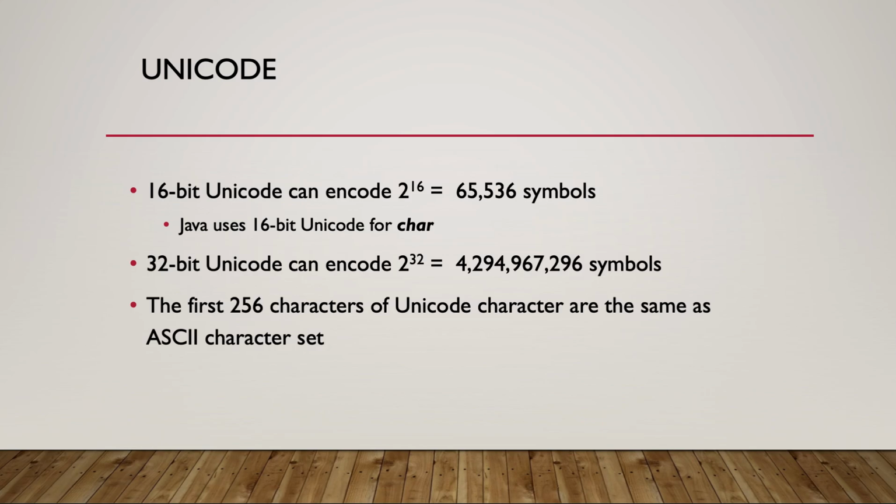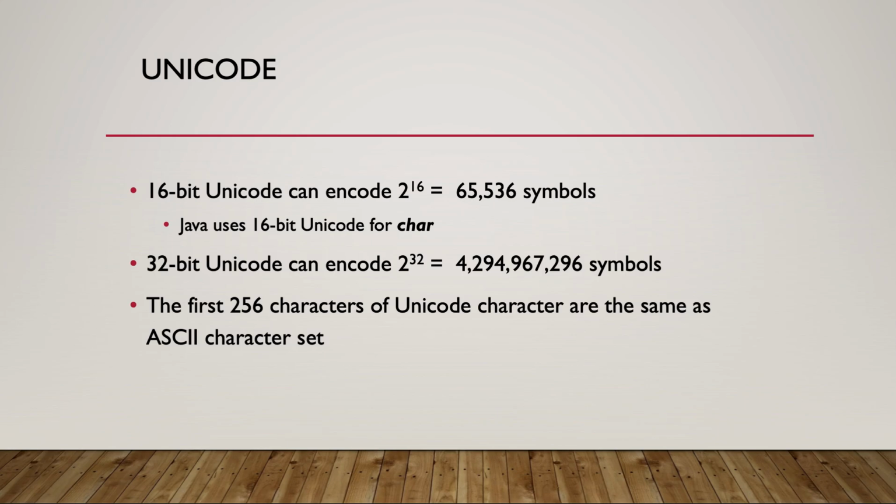What is Unicode? The ASCII character set is too small to encode text found in different spoken languages throughout the world. So 16-bit Unicode can encode 2 to the power of 16, that is 65,536 symbols. And Java uses this 16-bit Unicode for characters.